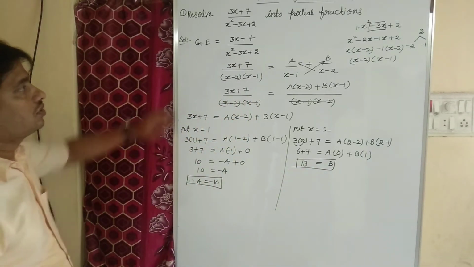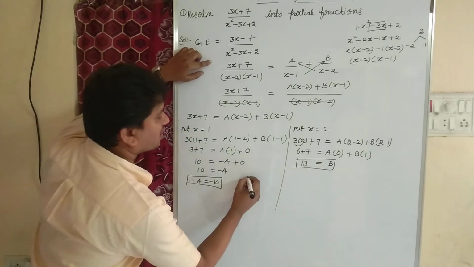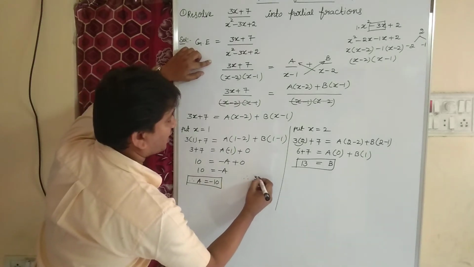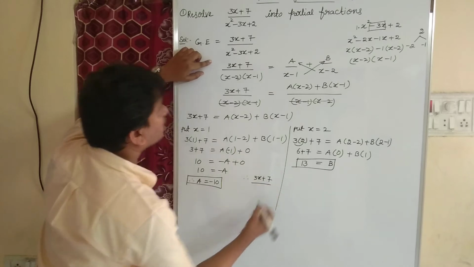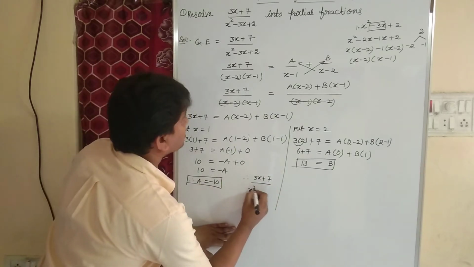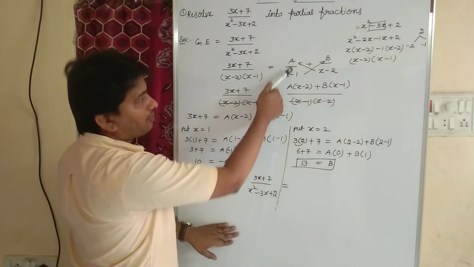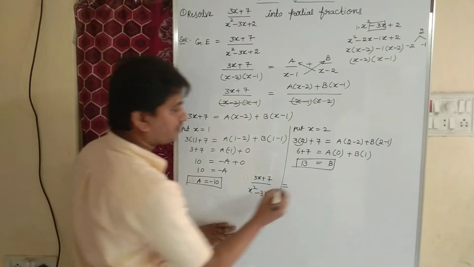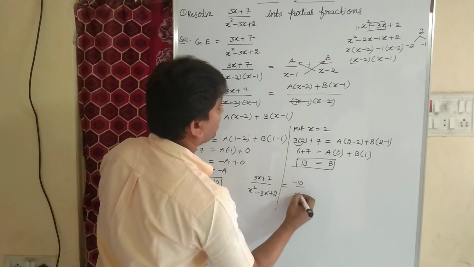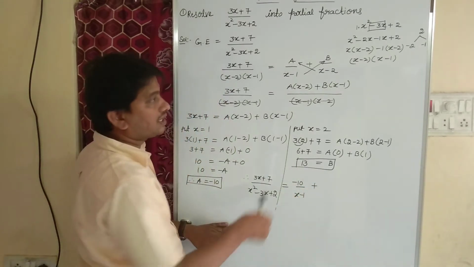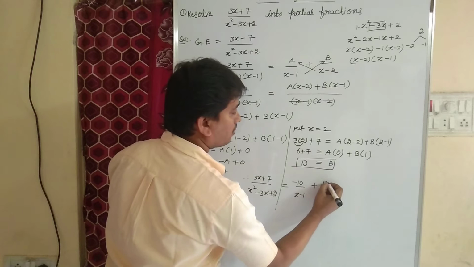Okay. Therefore we can write the given equation 3x plus 7 divided by x square minus 3x plus 2 as a by x minus 1. What is the value of a? The value of a is minus 10, so minus 10 by x minus 1 plus b by x minus 2. What is the value of b, children?